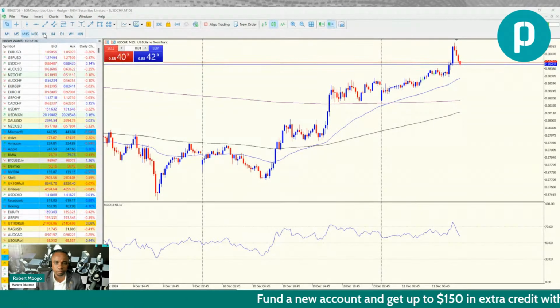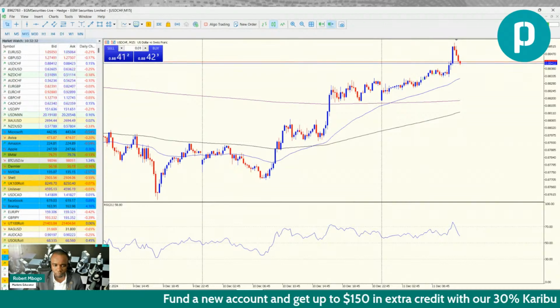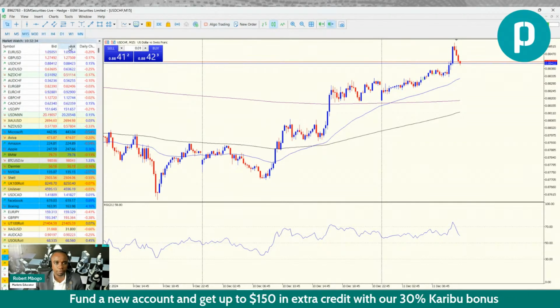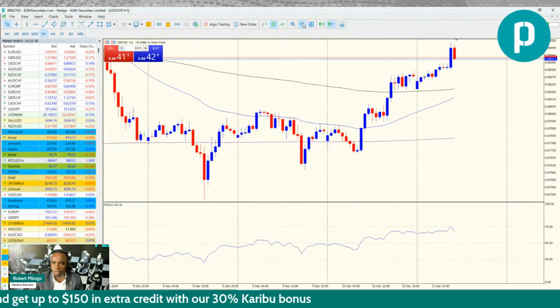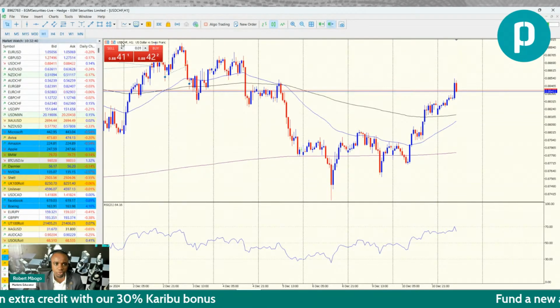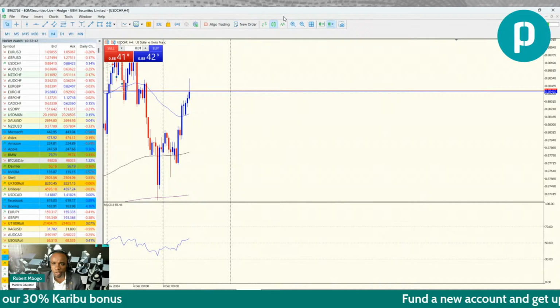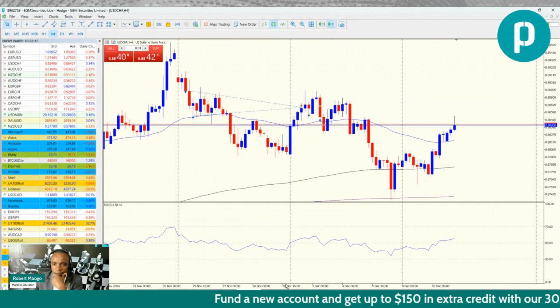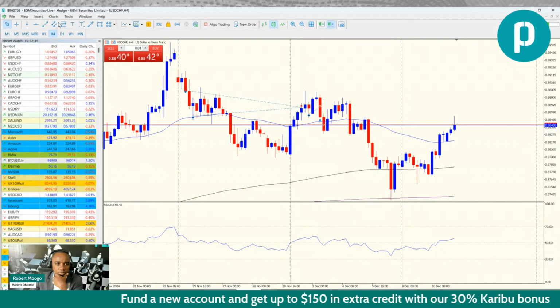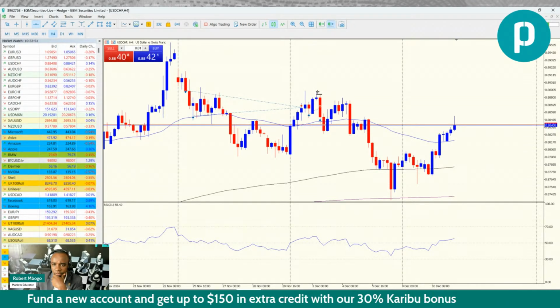And figure out, project some areas that we anticipate USD CHF to go to. So if we go to H4, we have a high that could be tested.